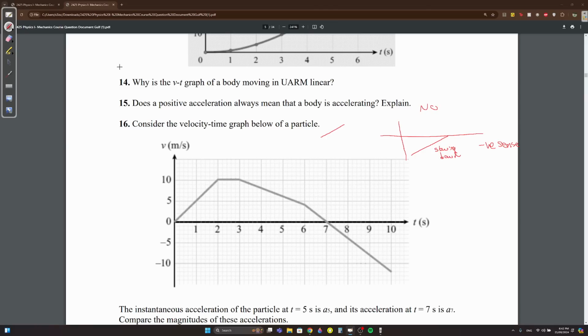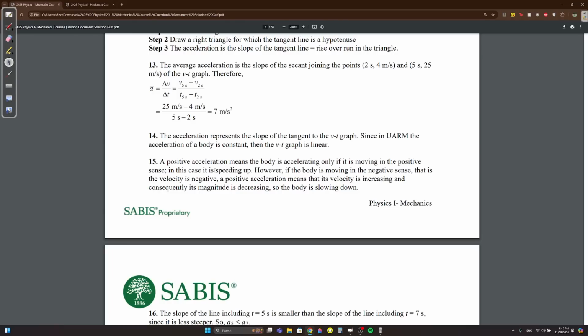So akid, no. The explanation to this is that the body is accelerating only when it is in the positive sense. However, if you're in the negative sense, meaning yani velocity is negative, a positive acceleration means the velocity is increasing. What do you mean it's increasing?